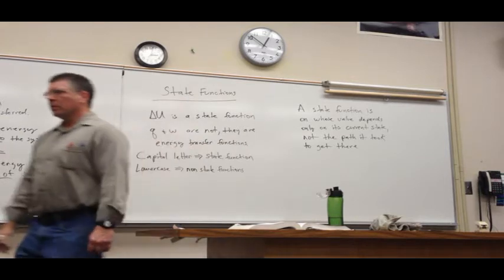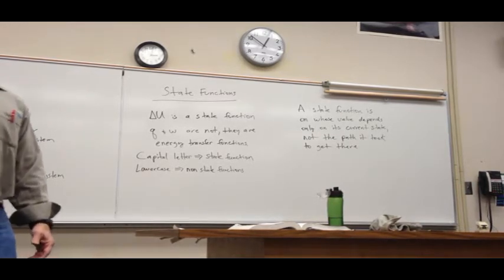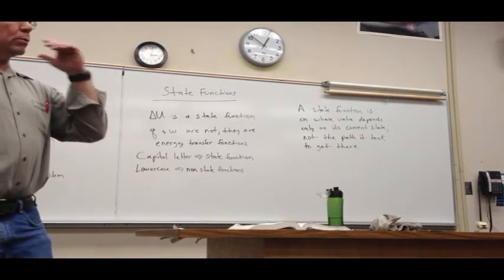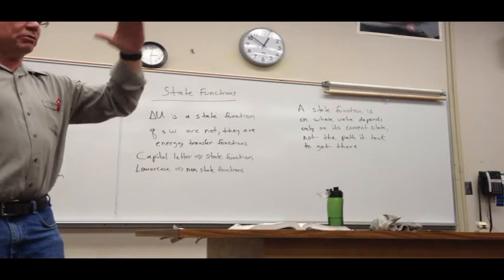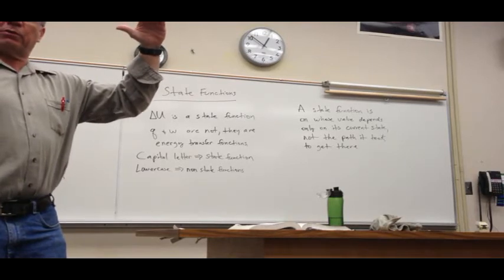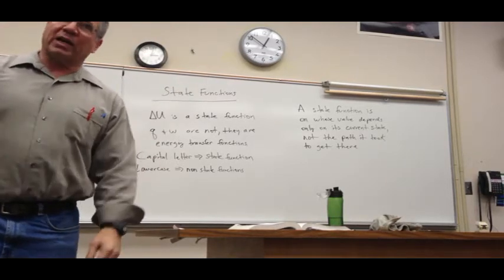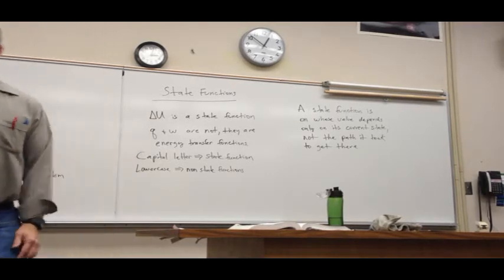For instance, my height above sea level, my elevation above sea level, is a state function because it doesn't matter how I got here. Imagine going up to the top of Half Dome, Yosemite. Whenever I get up there, my height above sea level doesn't depend at all on how I got there. It's a state function. But the amount of work that I had to do to get there depends upon the path I took.